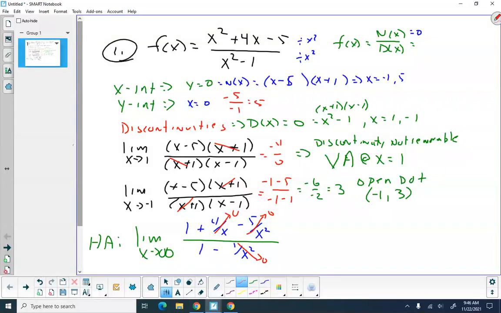These all go to 0, so we're left with 1 plus 0 minus 0, and then 1 minus 0 on the bottom. So we get a value of 1. So we have a horizontal asymptote at y equals 1.